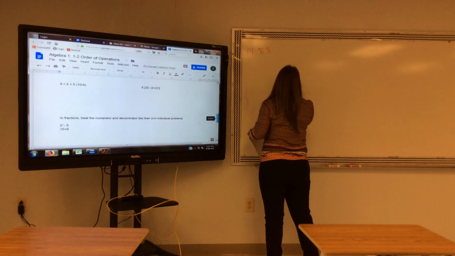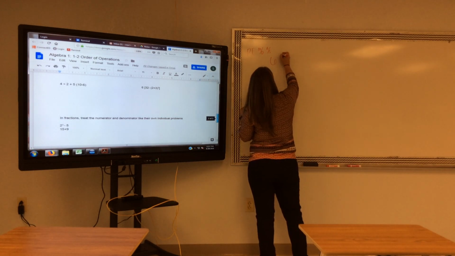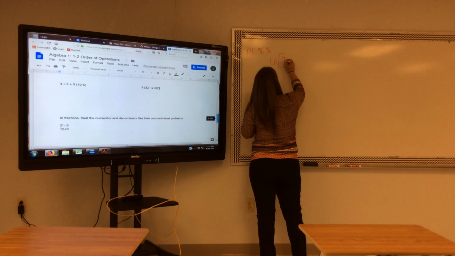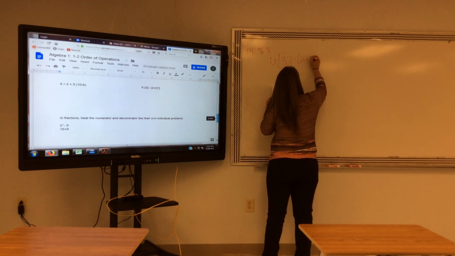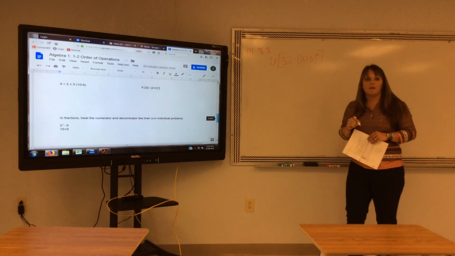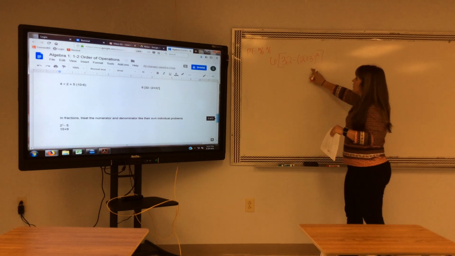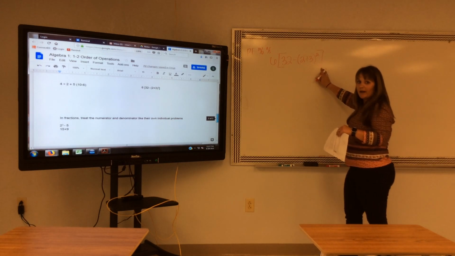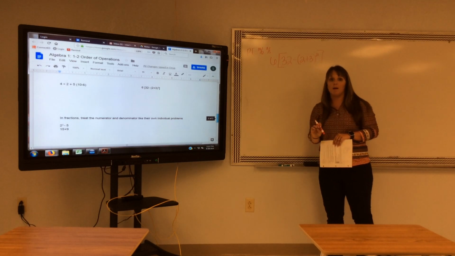The P, parentheses, stands for any type of grouping symbols. Those must be done first and treated like it's its own problem entirely until you are done. So this problem has brackets and parentheses. The first thing I need to concern myself with is inside of this bracket, treat this section like it is its own problem.